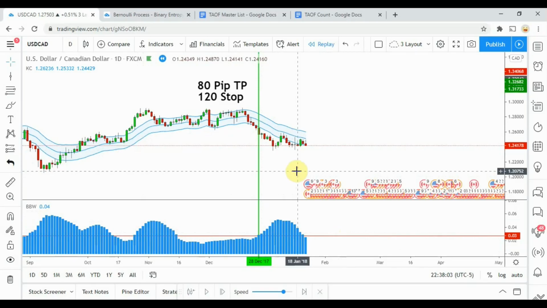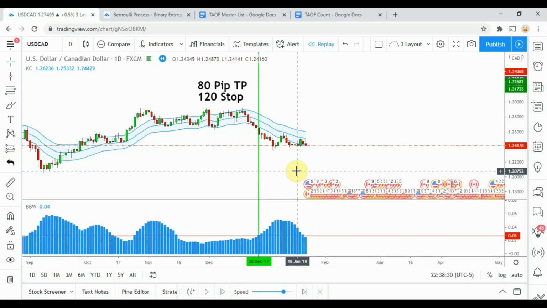Now, in this case, you can play around with the stop and the take profit however you see fit. What we are going to do is a few tests. We're going to play this forward a little bit and look at some of the trades that we would take.